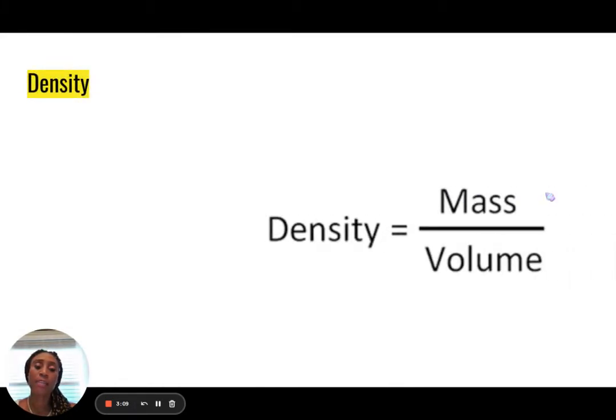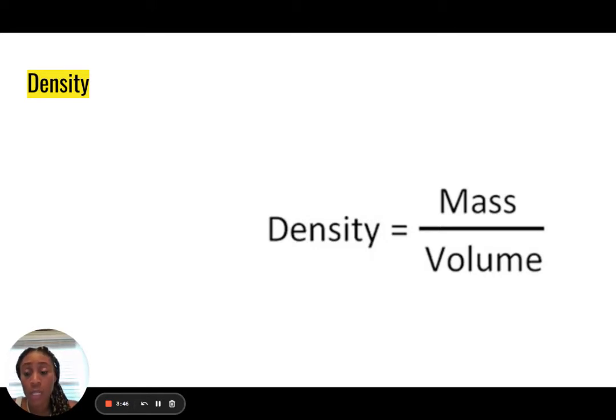Now, we're going to look at the formula for density, or how we calculate density. We have a golf ball and a ping pong ball. If we put the golf ball and the ping pong ball in a glass of water, what do you think will happen? The golf ball will sink to the bottom and the ping pong ball will float on top. Why do you think that will happen? It's because of the density of the different substances. The golf ball is more dense than the water, so it sinks down to the bottom.